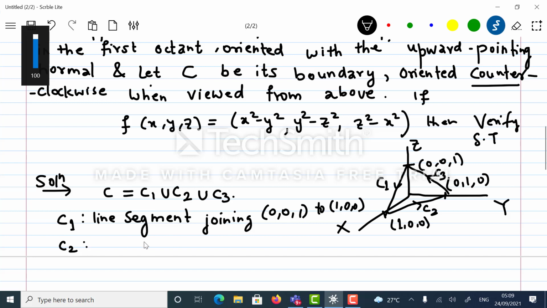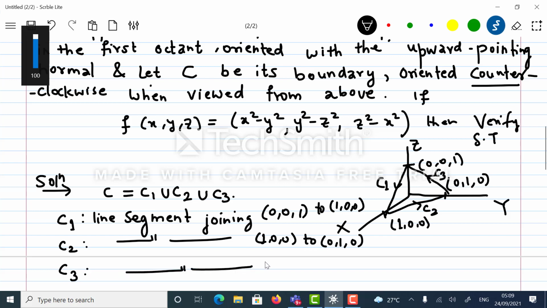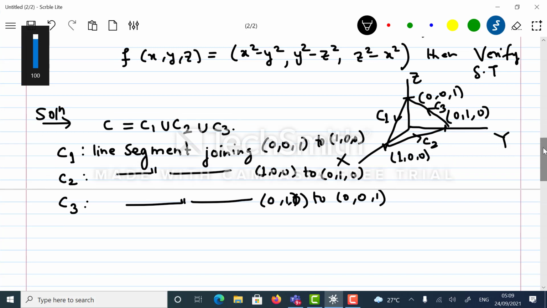Similarly, C2 is a line segment joining 1, 0, 0 to 0, 1, 0. And C3 is the line segment joining 0, 1, 0 to 0, 0, 1. So these are the three curves we have.